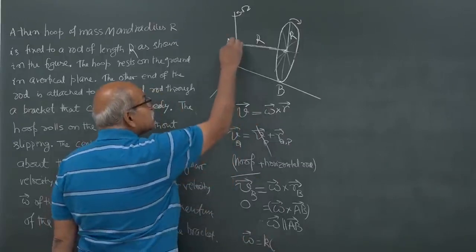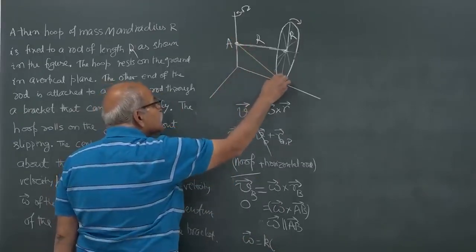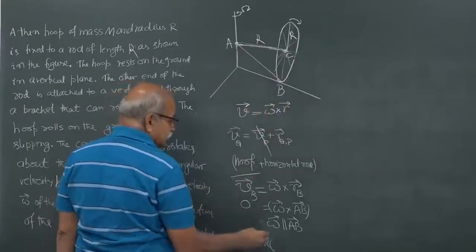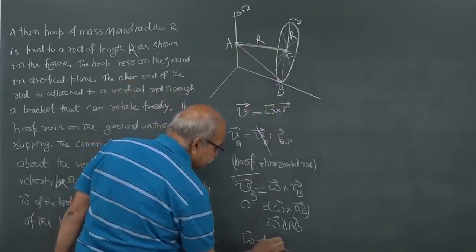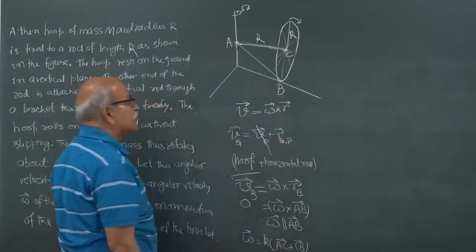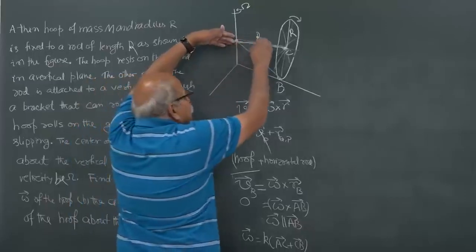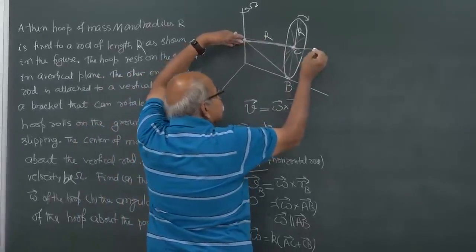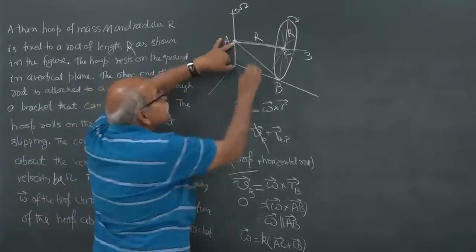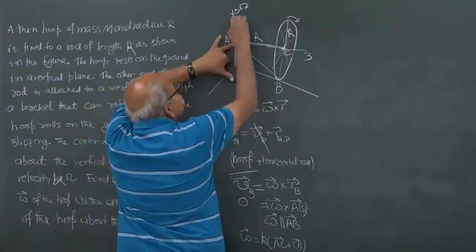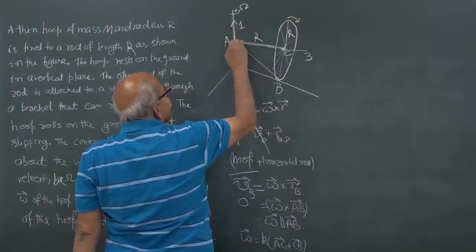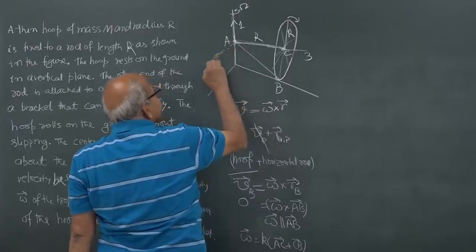Therefore, I can write omega as some k times the AB vector. And what is this AB vector? This AB vector is the AC vector plus the CB vector. Now, let me take axes. This will be our 3 axis as usual, the symmetry axis we take as the 3 axis. Then this vertical will be our 1 axis, and the perpendicular will be the 2 axis like this.